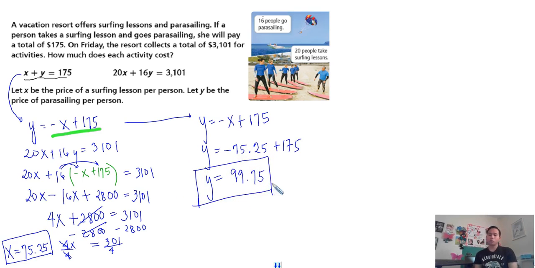Okay, so that's one. So it costs 75.25 to take a surfing lesson and 99.75 to go parasailing. So this is for parasailing, and this is for surfing lesson.